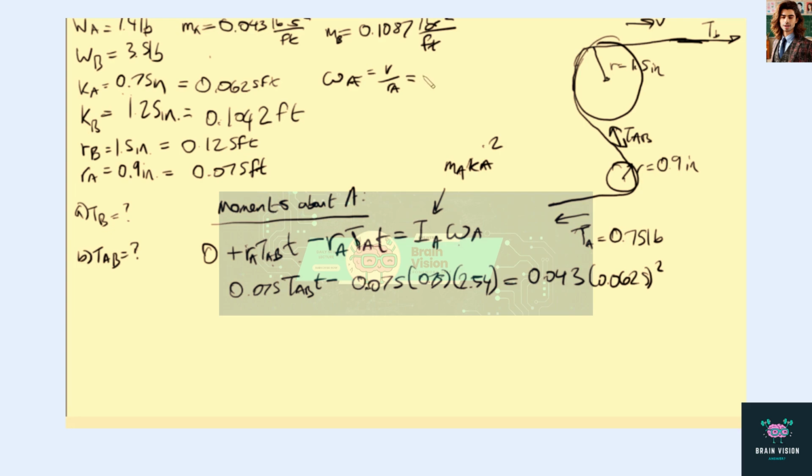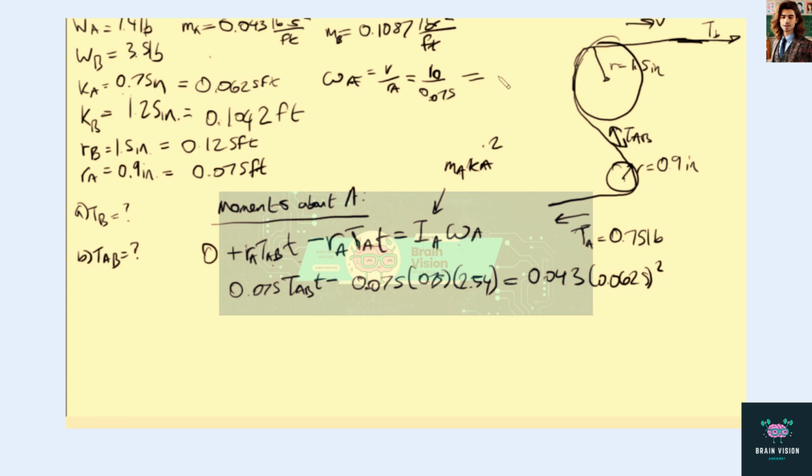That's going to be 10 feet per second, since the V at 2.54 seconds is 10, so it's 10 divided by, what did we say RA was? 0.075.